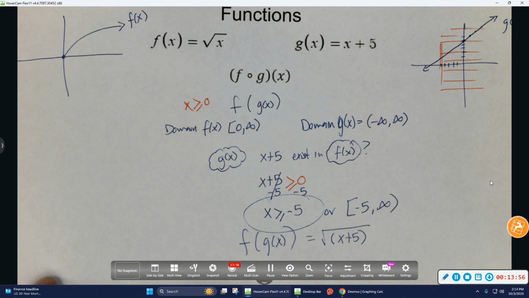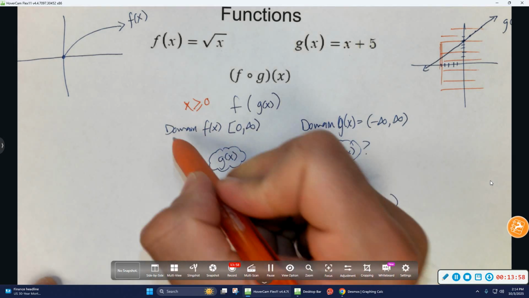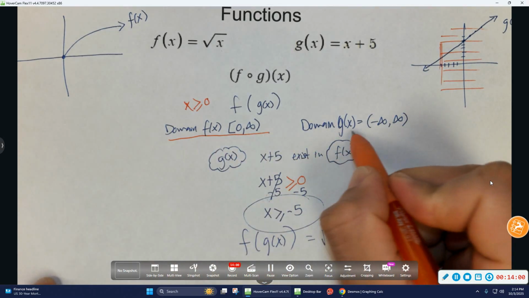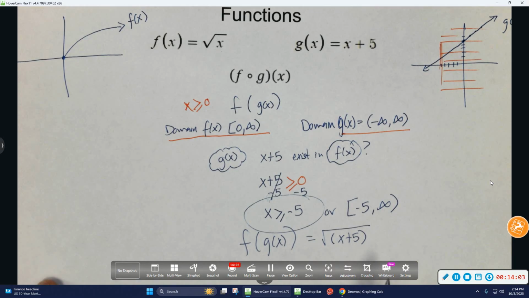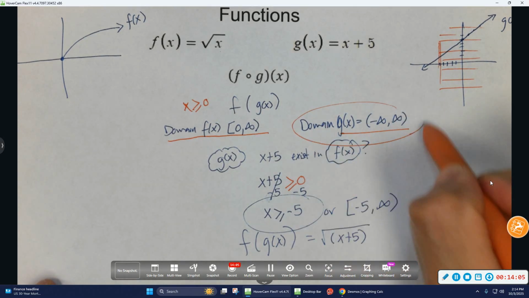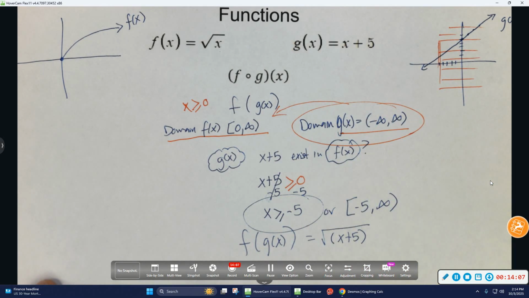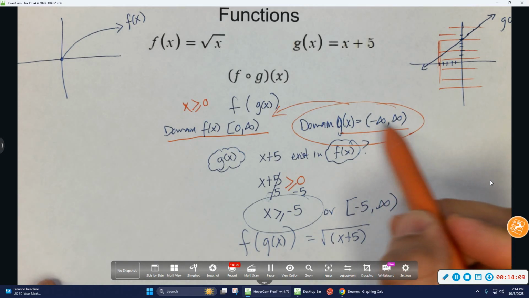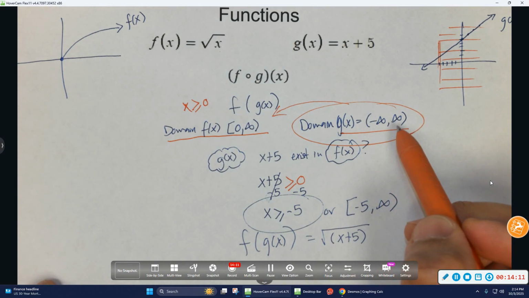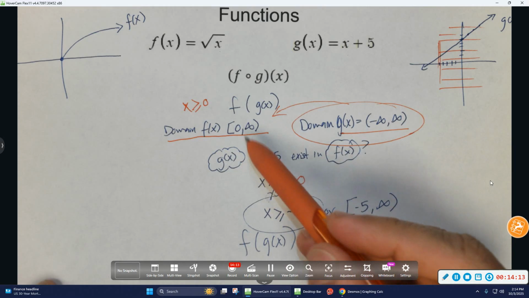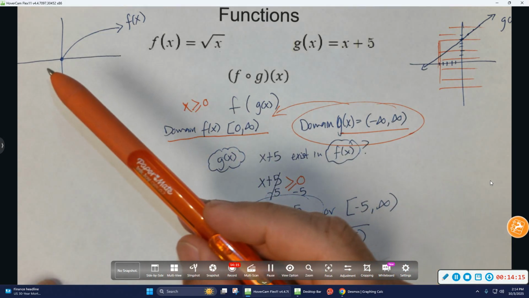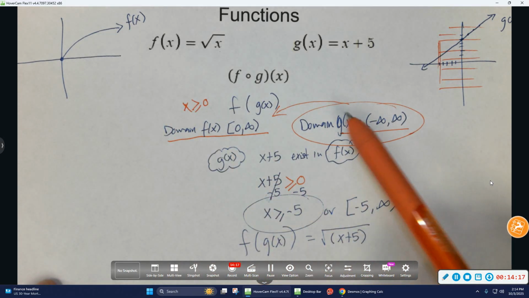So whenever you're doing these by hand, you're going to want to first establish the two domains. And then you want to figure out, if I'm going to plug in g into f, can I plug in all the values? Right? Can I plug in all the values into that function? Well, if this went from negative infinity to infinity, you could plug in any value you wanted.